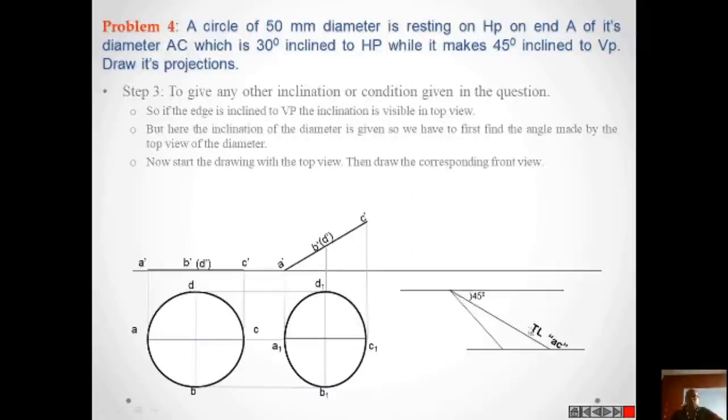So the length of this line, which is making 45 degrees with xy, is equal to AC. Now on this locus line, from here you draw an arc to get this line. Now what is the length of this line? It is equal to A1 C1. So you'll get A1 C1.